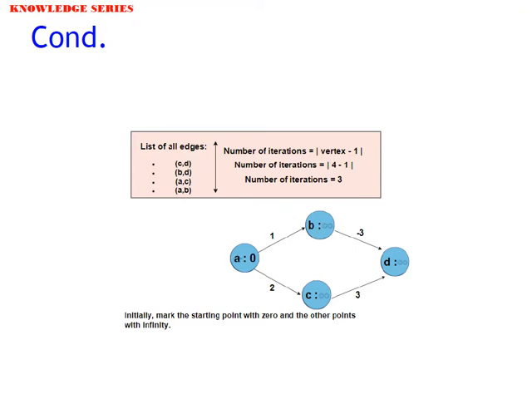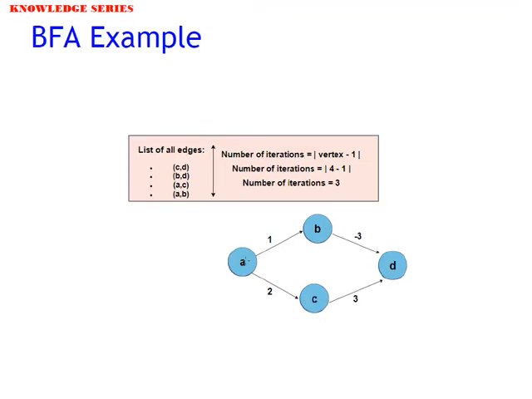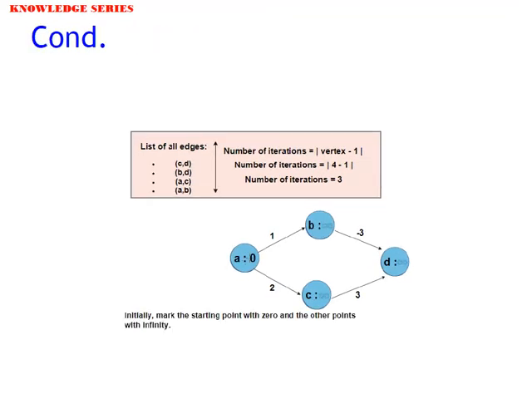Now in the first iteration, it is the same figure, but the only change compared to before is that we are initializing the starting vertex as 0, and all other vertices have infinite values. So that is what we have stated.